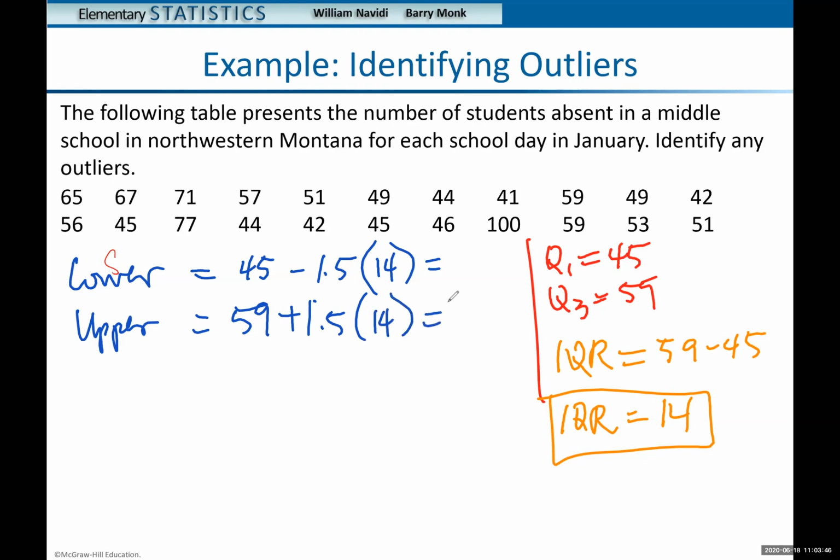What are the answers here? 24 and 80. So, out of the numbers you're given, anything below 24 and above 80 are outliers.